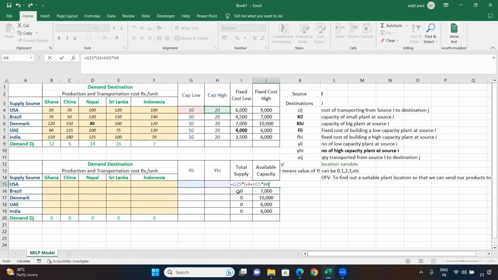Here I have implemented the formula G15 into G4, capacity of the low plant, and number of high capacity plant, that is YHI, H15, multiplied with capacity of high plant. So this will become our available capacity.